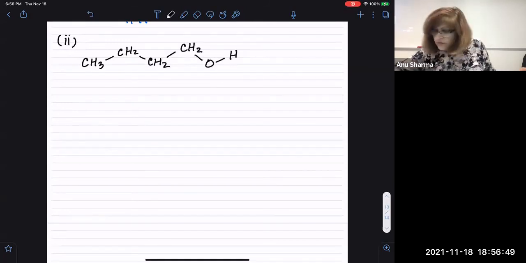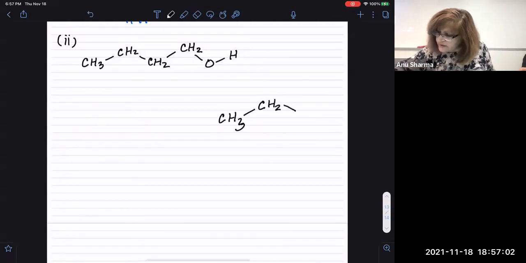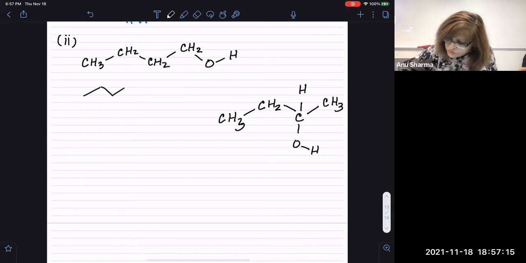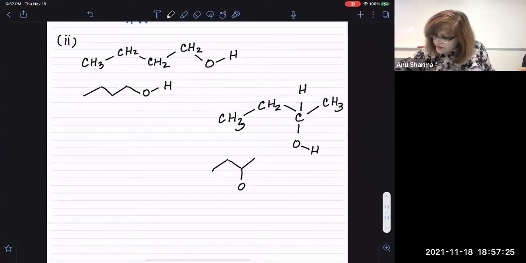And the other one is CH3, CH2, then C with OH and H, and here is CH3. Another short way of writing this is 1, 2, 3, 4, and OH. This one is written as 1, 2, 3, and OH.